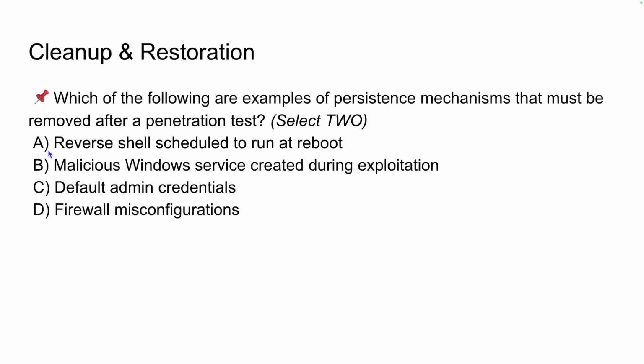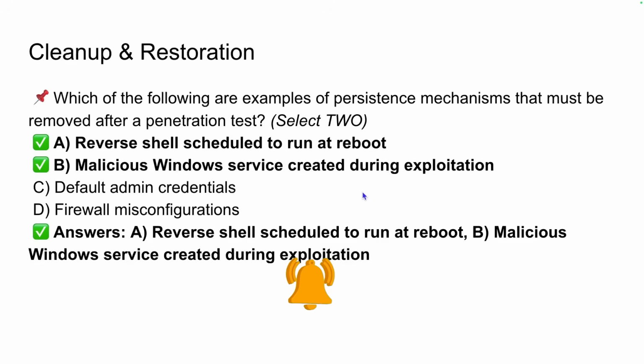A and B stand out very obviously. C and D, I would have to debate myself to say, well, technically it can be, whatever. If you have to say something like technically it can be or technically it might be, that is a big hint that this is not the answer you're looking for. You're looking for the one that really stands out. So in this case, it's A and B.